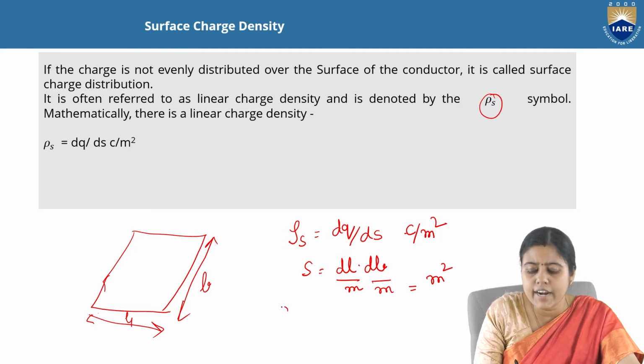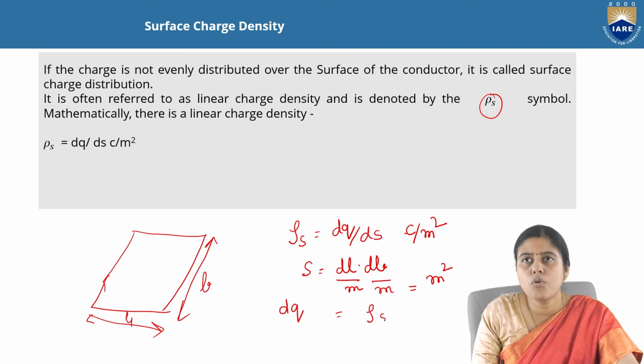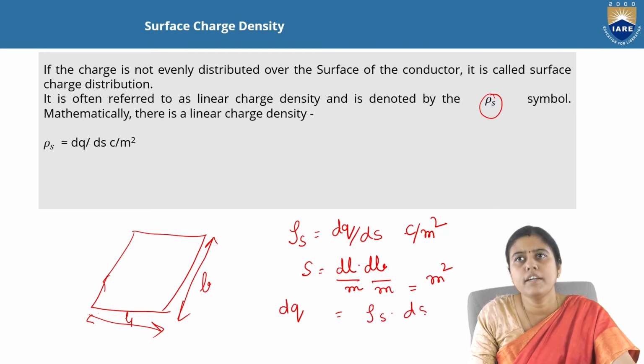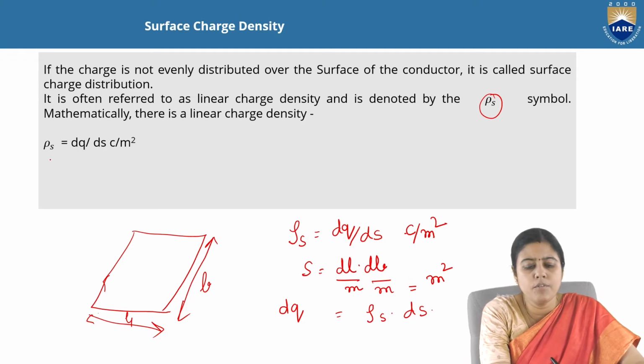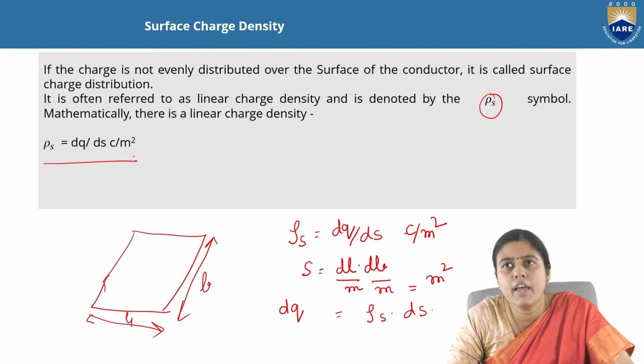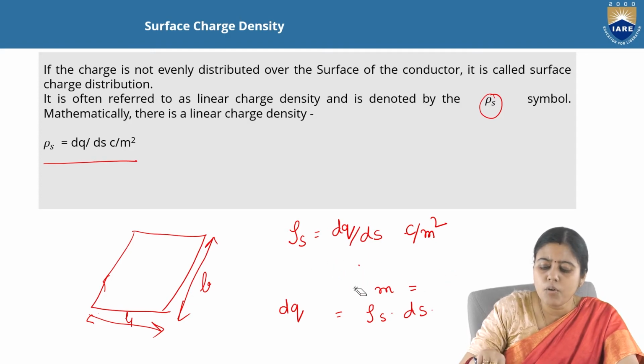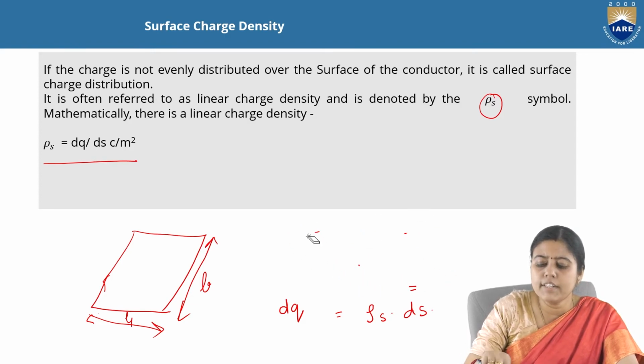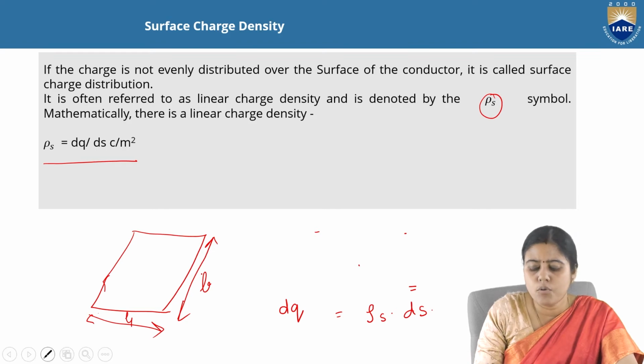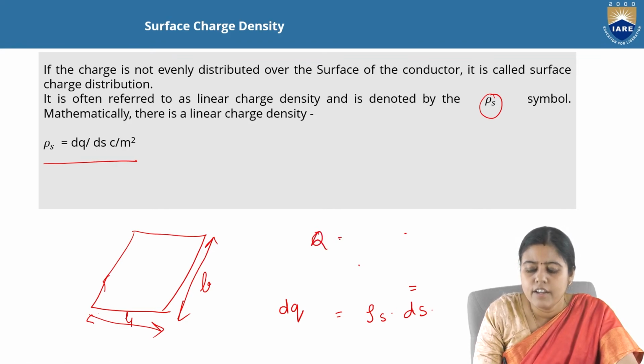So what is the charge? Charge dq is equal to rho s into ds. So what will be the total charge on that surface? The total charge is the integration of rho s into ds.